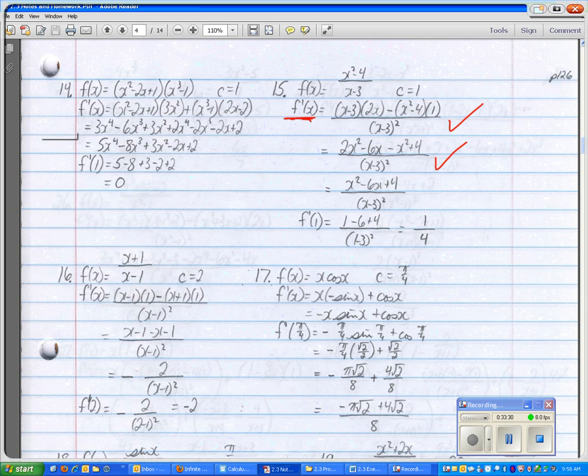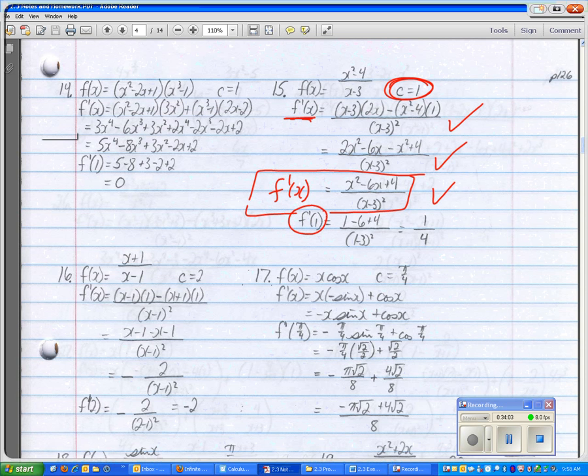Then we combine like terms. And so here's my final answer for f prime of x. Okay? You with me? Now, f prime of c. So that means the value of the derivative when x equals, well, whatever c equals. So since they told us c equals 1, f prime of c will be f prime of 1.